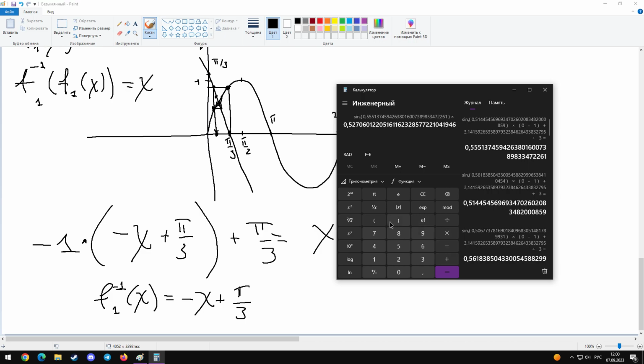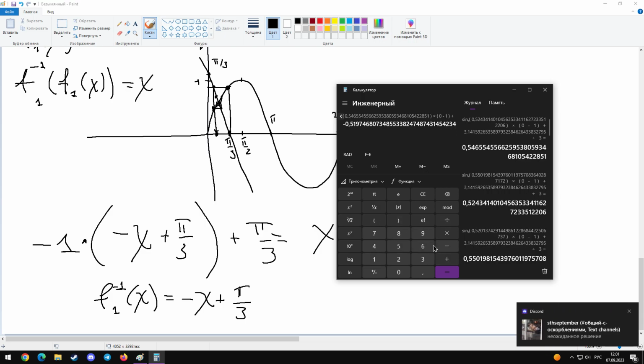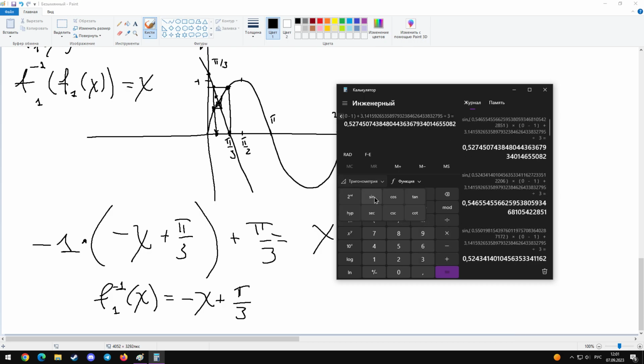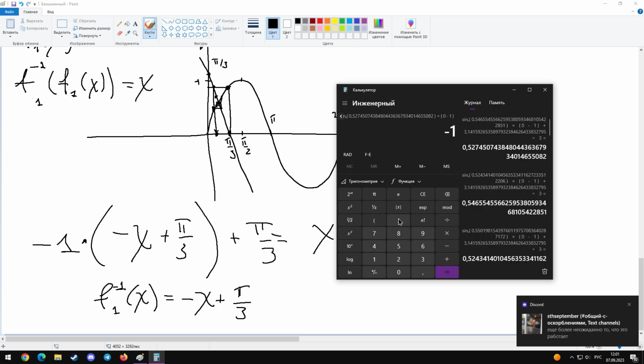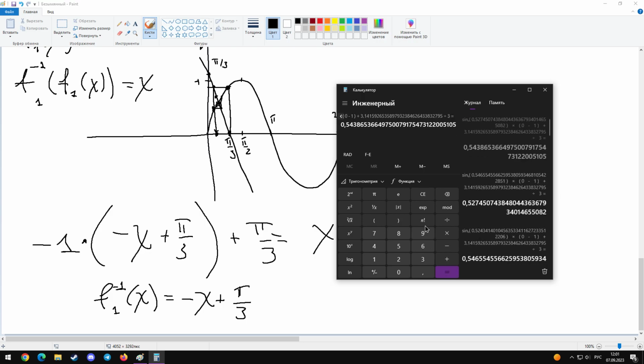Sine of this value multiplied by -1 and add pi over 3.